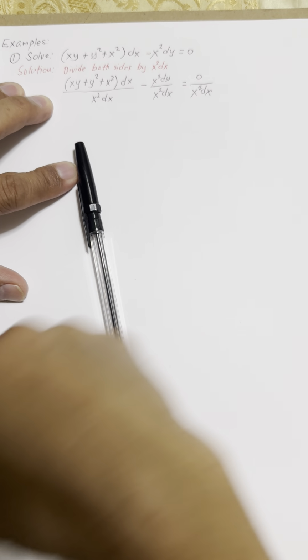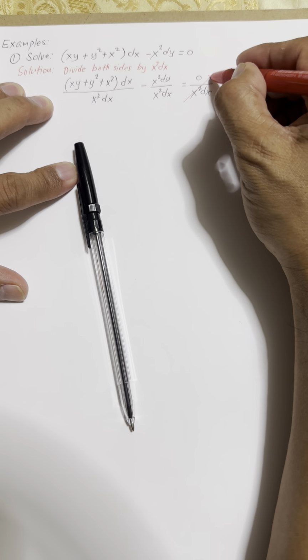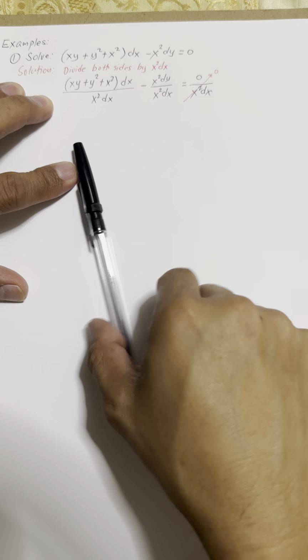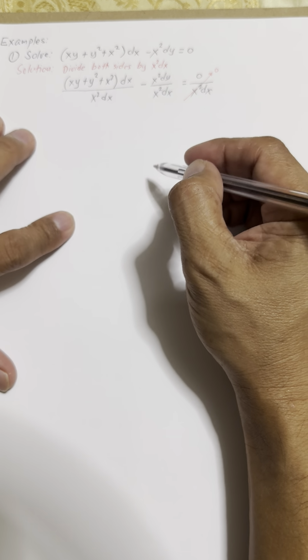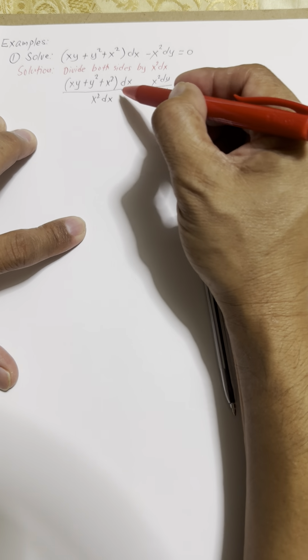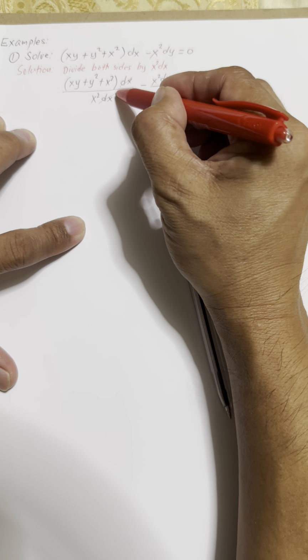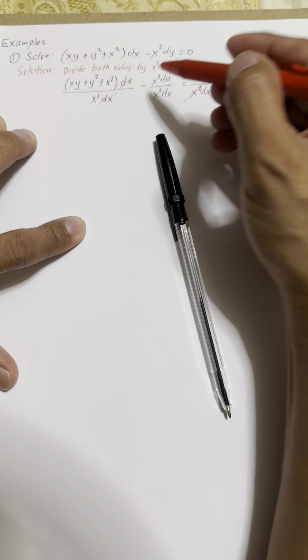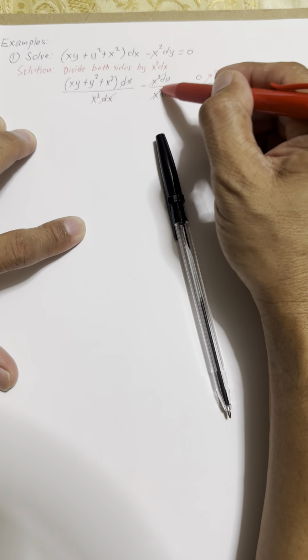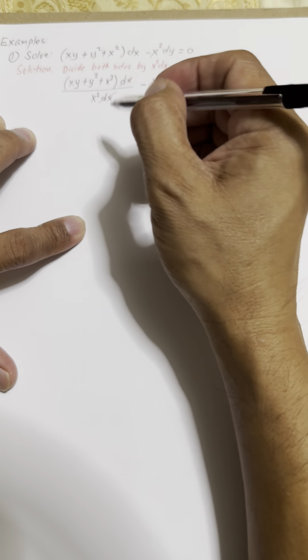So the right side will remain equal to 0 because 0 divided by an expression is still equal to 0. We have dx at the numerator and dx at the denominator, so that cancels out. We have x squared at the numerator and x squared at the denominator, which cancels out.